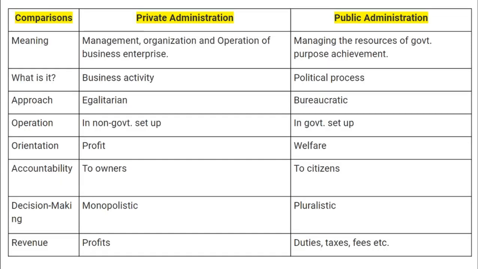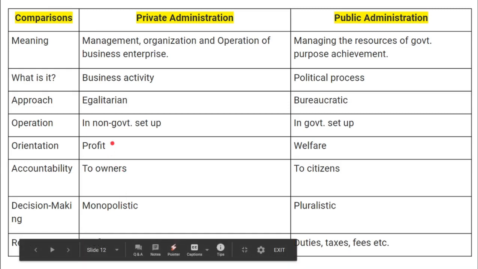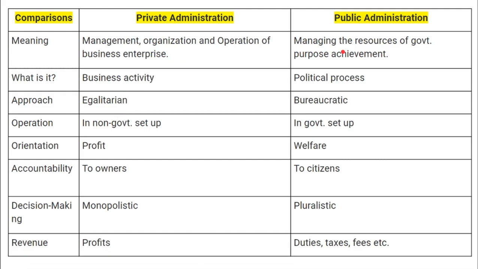Now these are some basic differences between public and private administration, and that's very important. Private administration is the management, organization and operation by business entrepreneurs, and public administration is the managing of resources for the achievement of government purposes. Private administration is a business activity, and public administration is a political process.